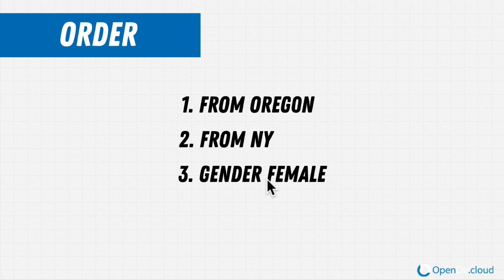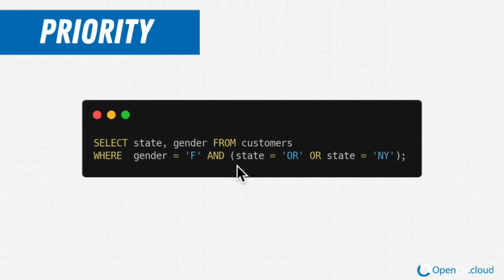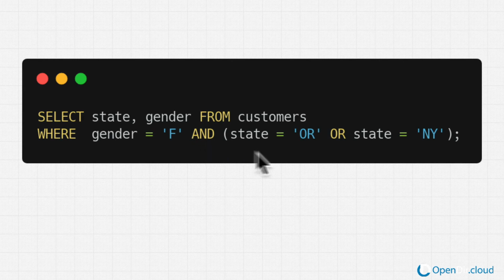I know you're asking yourself, Mo, why is this so much different than the previous one? Well, the way we would read a query like this is, because of the parentheses, we can now consider it to be one action. We don't have to look at it as two separate filters. Rather, we could look at it as one filter doing two things, because we know that we are filtering if you're from Oregon or you're from New York.